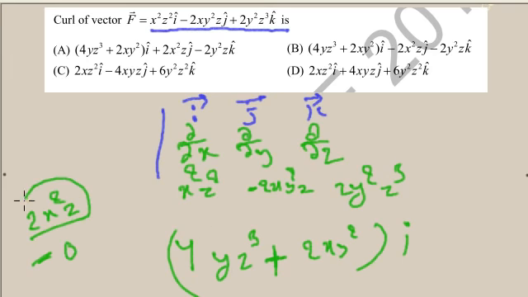So 2x square z. This is the correct answer, because if you see a and b, this is plus and this is minus, so plus is correct, so a is correct.